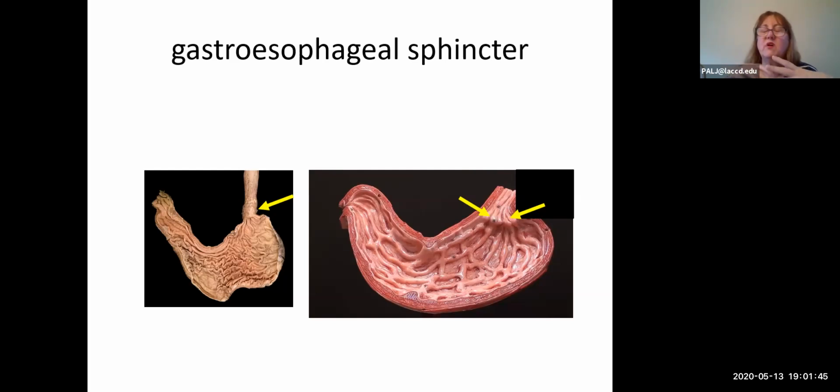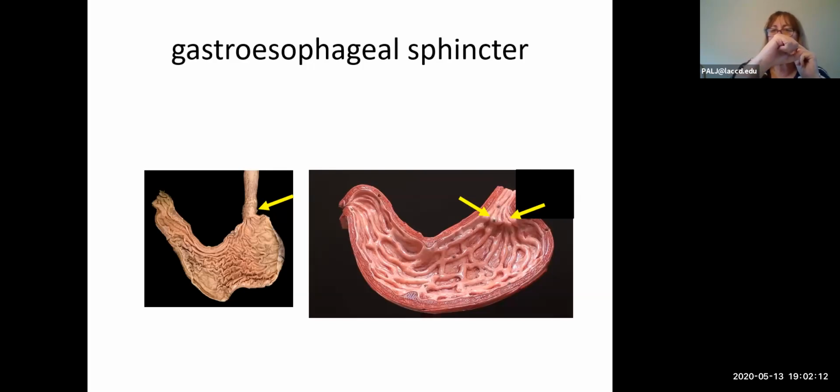So in the intestine, we're going to have lots of sphincters. Here's the whole point of what a sphincter is. We have an opening and we want to control something going through it. So for instance, we can make this the esophagus.